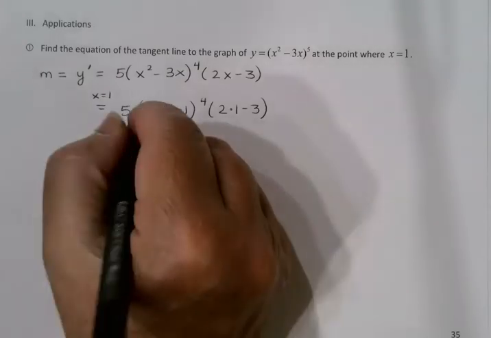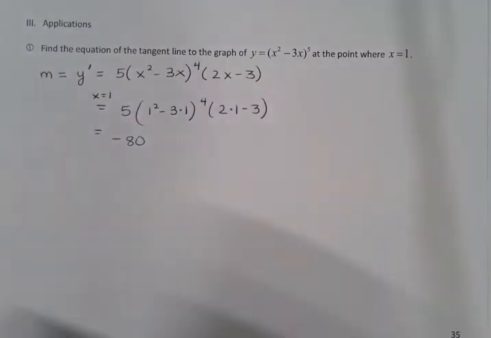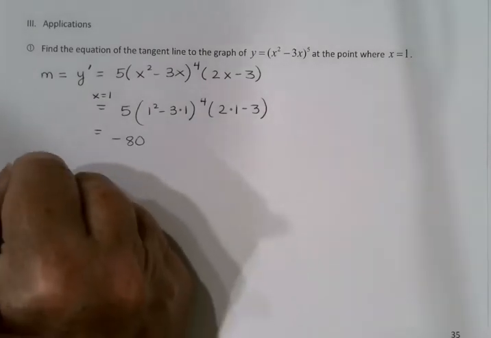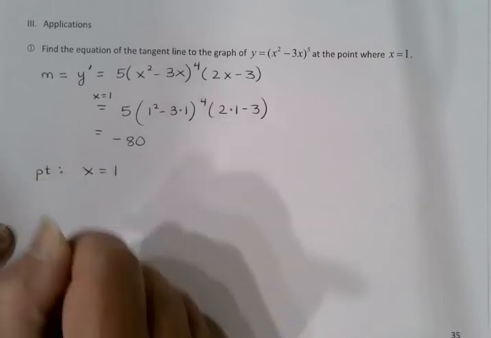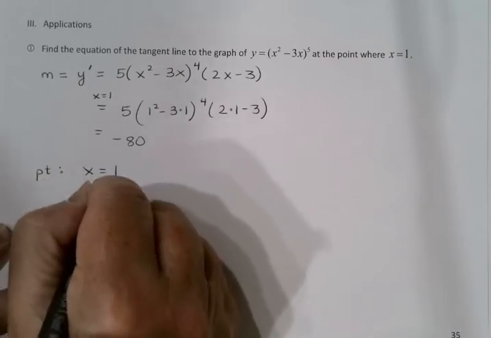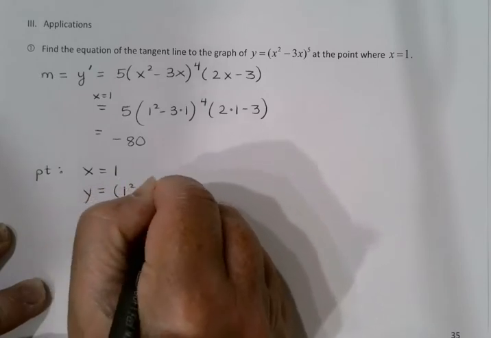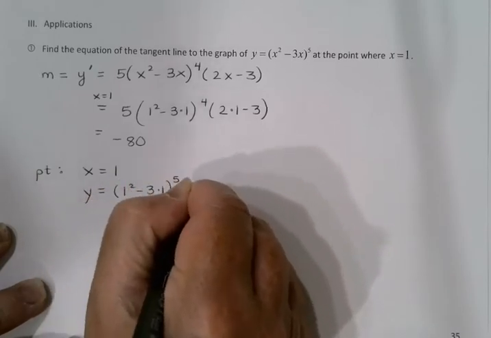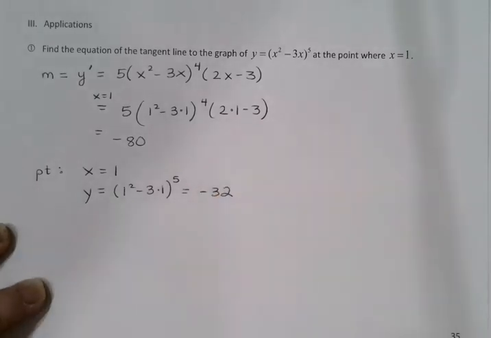And I'm coming up with negative 80 as my slope there. Our point, they already gave us x equals 1. So plugging that in to find the y value, let's see, that would be negative 2 to the 5th or negative 32.